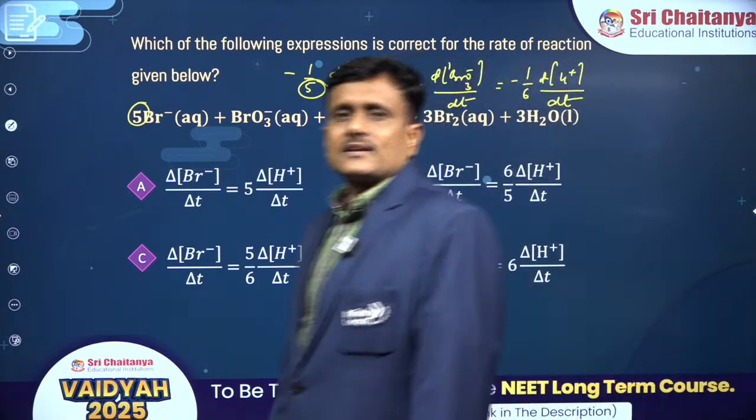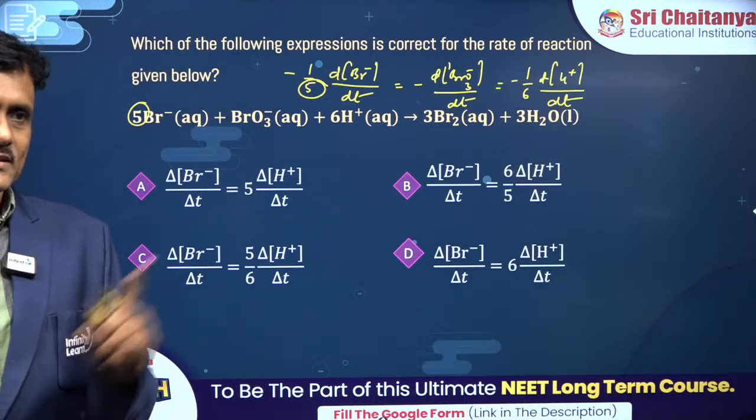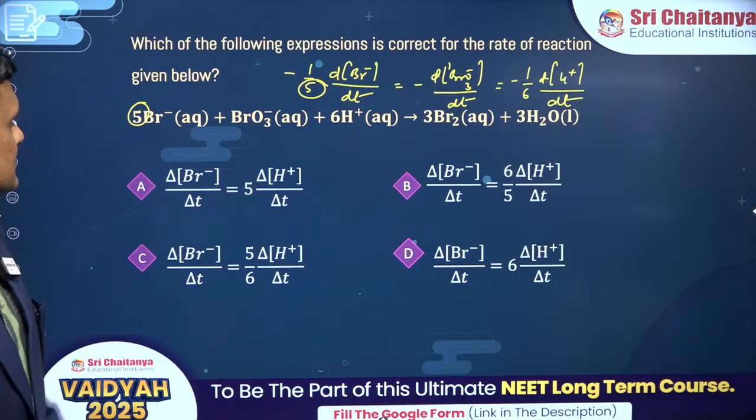So this is the rate expressed in terms of the concentration change of the reactant, hence it is all minus. You just match it to the given data and get your answers accordingly. So you can see what is the answer, right? d[Br⁻]/dt is 5 by 6 times d[H⁺]/dt.